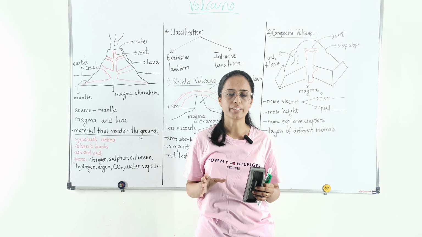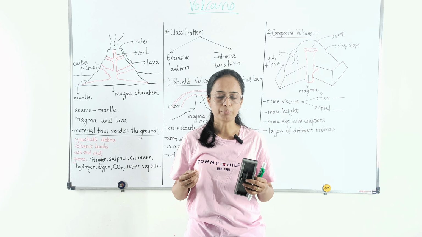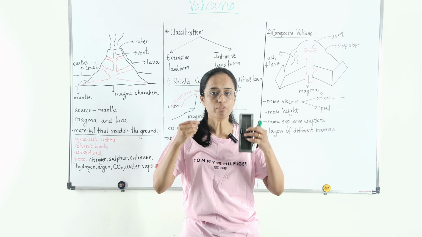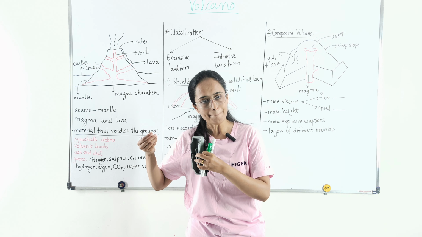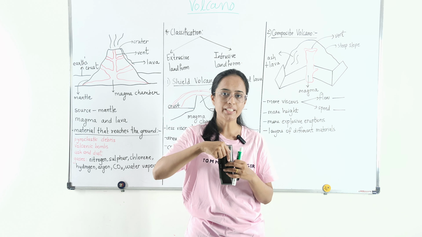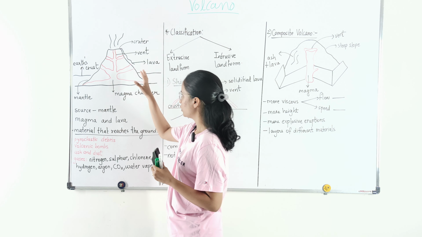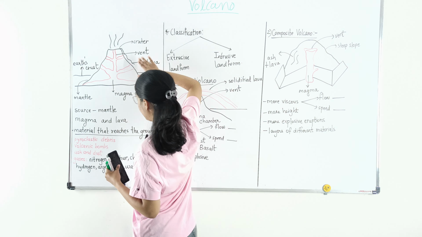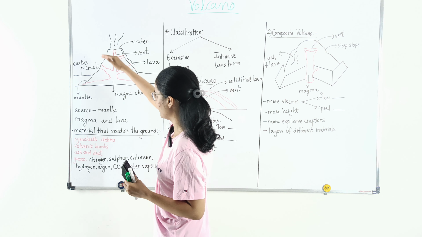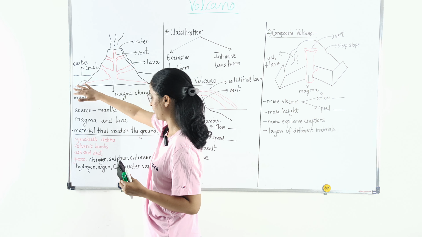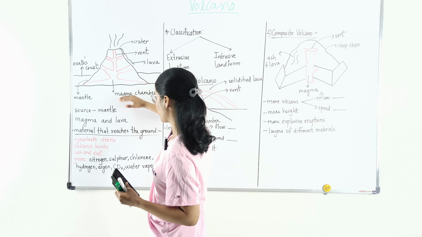So what is volcano or what is volcanic eruption? It is basically the venting out of a molten material from the interior of the Earth through the vent or an opening. Okay, so here this is the general structure of a volcano. Again, this is the Earth's crust, this is the mantle, or this is the magma chamber.